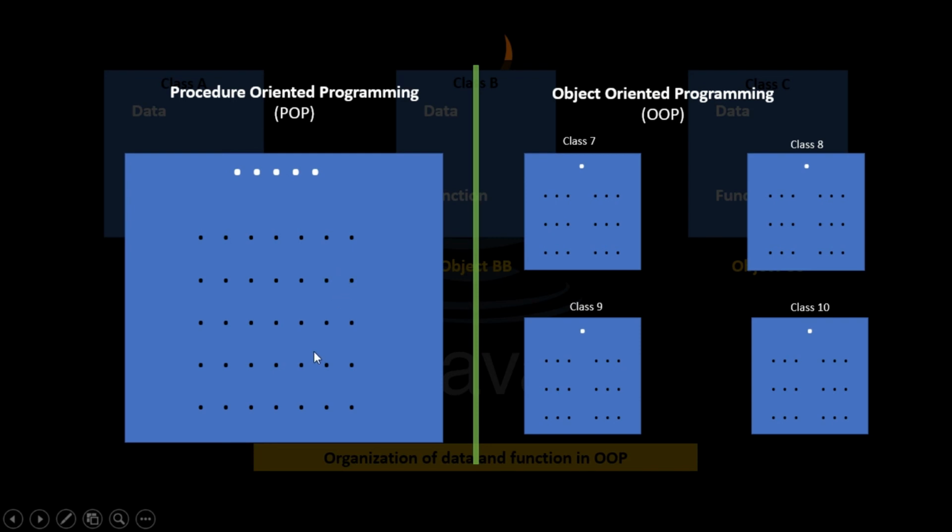So here, if these are data, then each function can access them easily. Here some particular functions can access some data particularly. They can't access the data of another class.